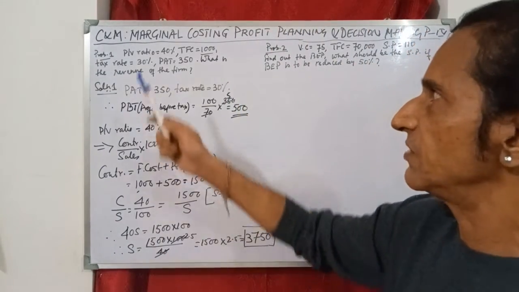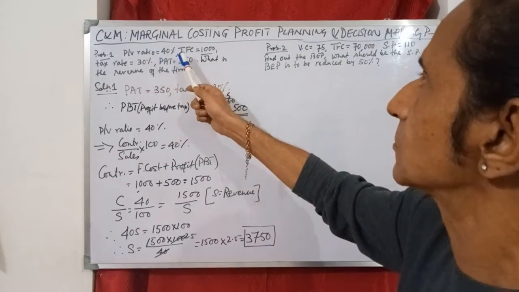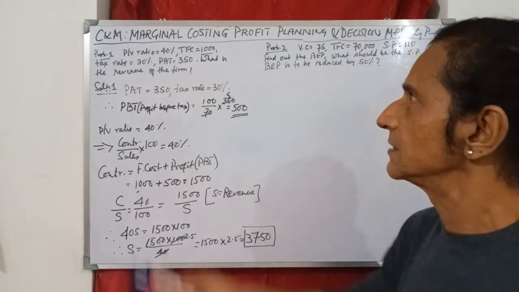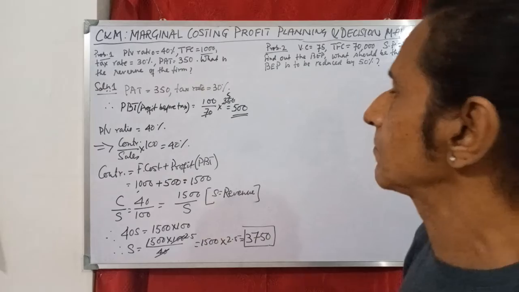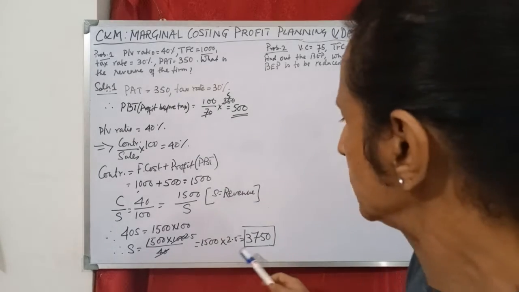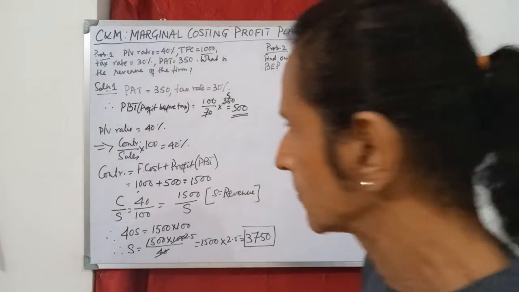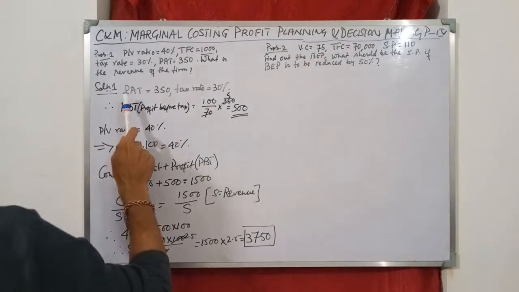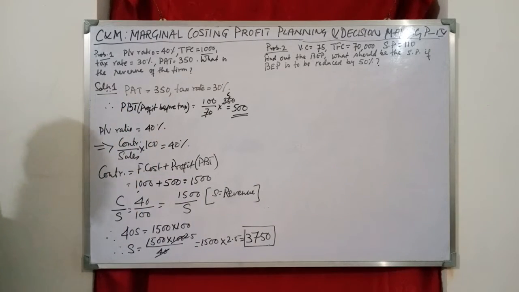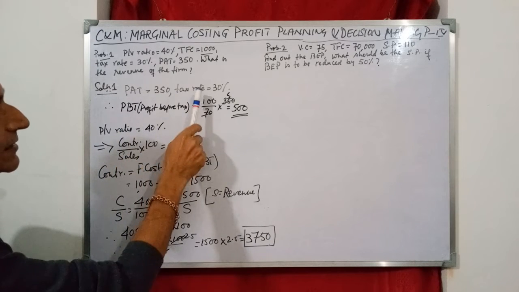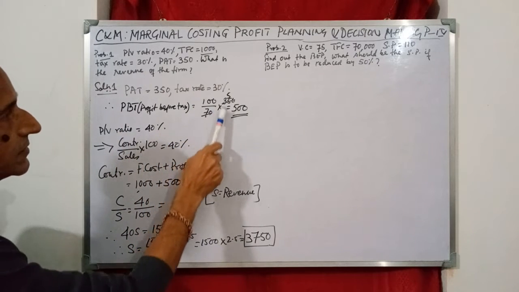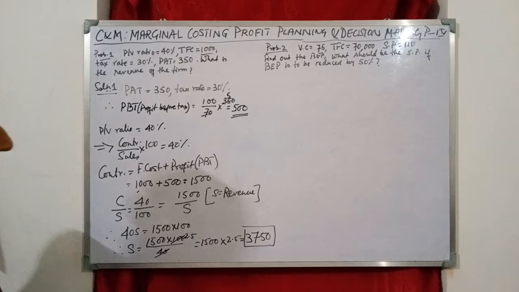When the PV ratio is 40%, total fixed cost is 1000, tax rate is 30%, profit after tax is 350, the revenue is 3750. We have started with PAT. Since tax rate is given as 30%, PBT is 100 over 70 into 350, that comes to 500.